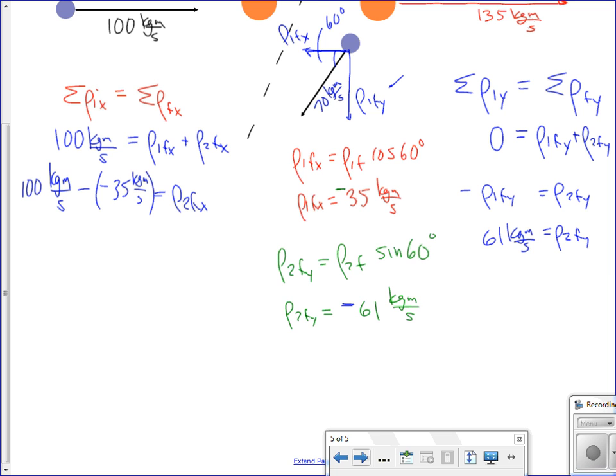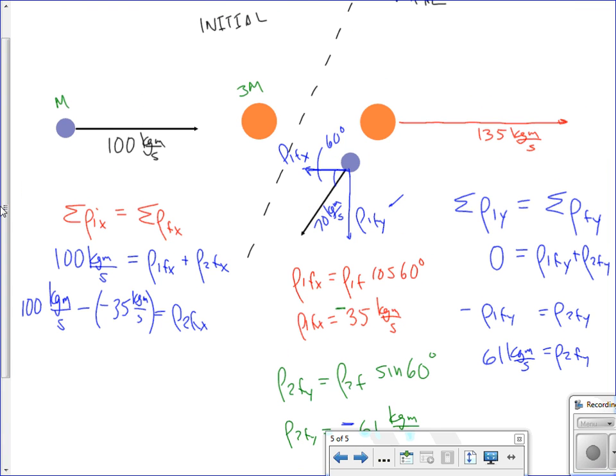If number 1 gets 61 units of momentum that way, then number 2 must get 61 units of momentum this way. How good is my 135 compared to that? Not bad, not bad.